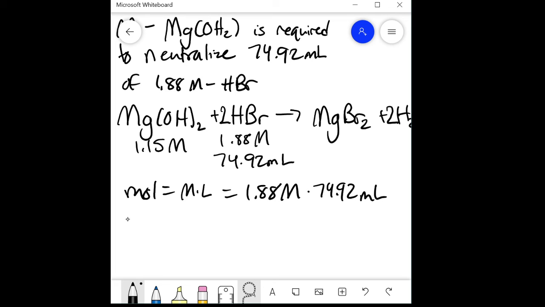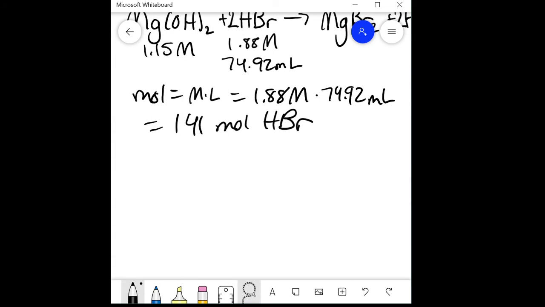So that gives us 141 moles of hydrobromic acid. Remember, you want to use this unrounded answer in your calculator when you continue to do the steps, but for right now it's fine. So now we have moles. Now we need to convert these moles to the moles of our unknown, because we're looking for this volume. We don't know what the volume is.